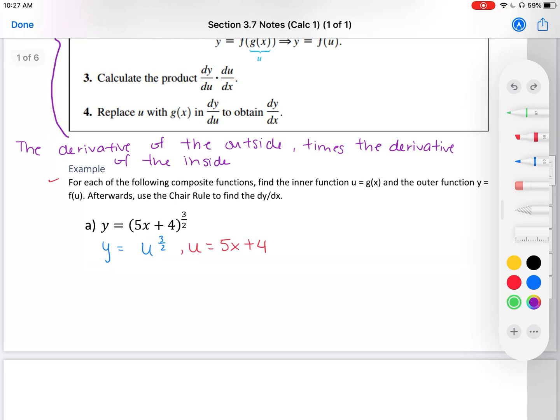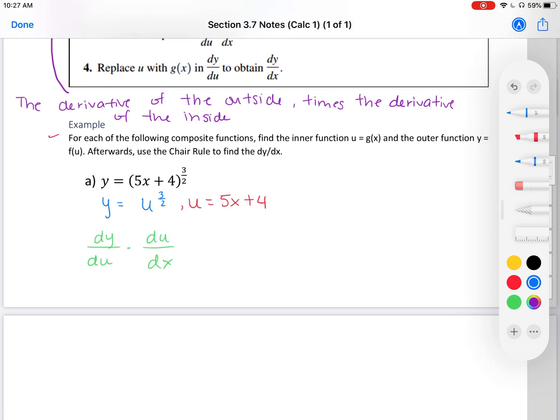Okay, now your step 3. You want to calculate dy/du times du/dx. For our first one, we're taking our function y and taking the derivative with respect to u. So we have 3/2 times u to the 3/2 minus 1, which is 1/2.